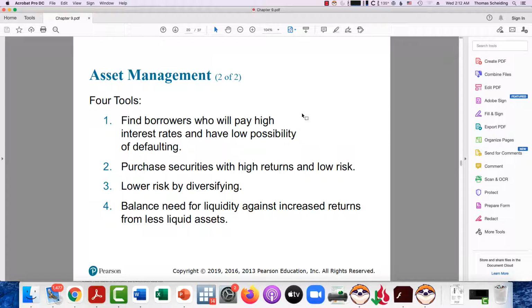The bank as well, when it's purchasing securities like government bonds, it can purchase those that have a higher rate of return relative to the risk it's taking on. They can diversify that risk with the loans that they make by diversifying in who is borrowing from them. As a different example of this, there's a bank in upstate New York where most of its assets, most of its loans, were for these medallions that had to be on taxi cabs.